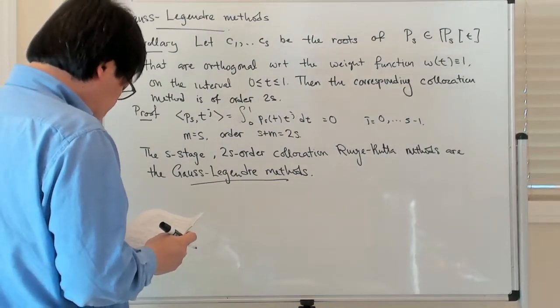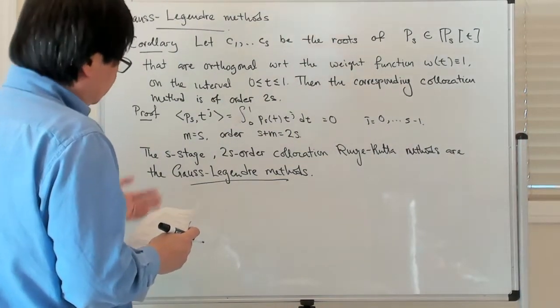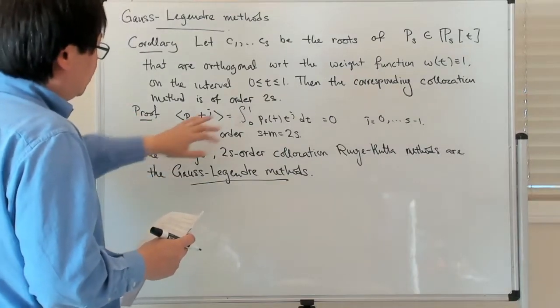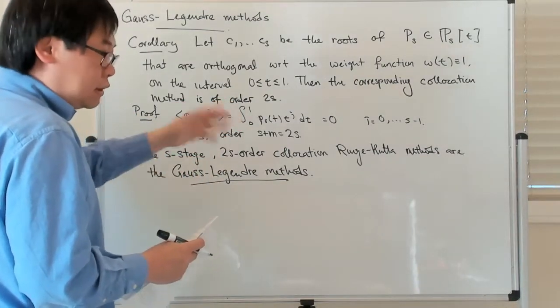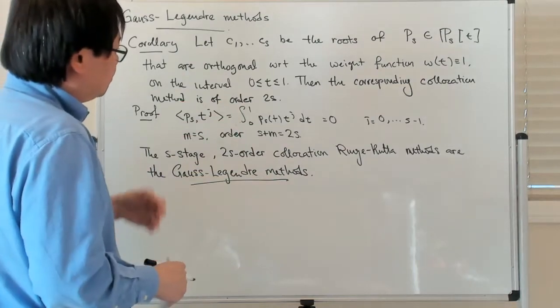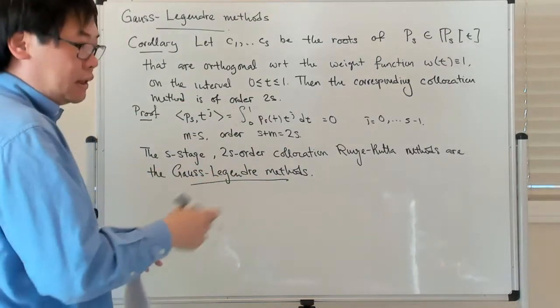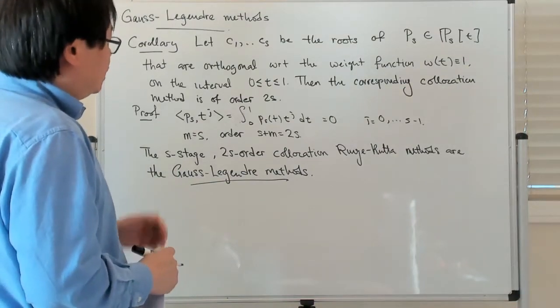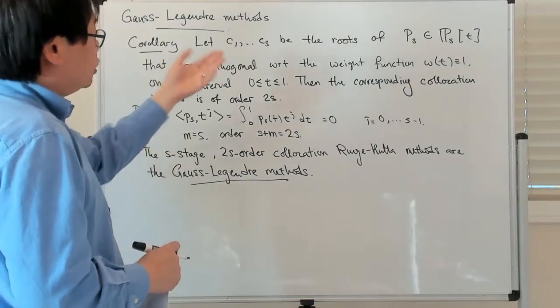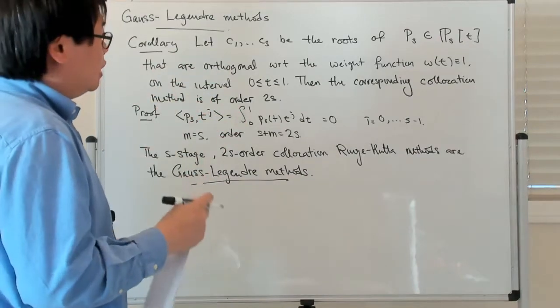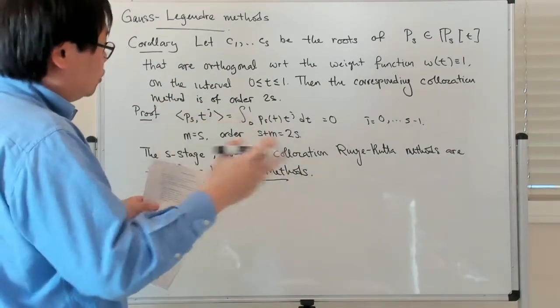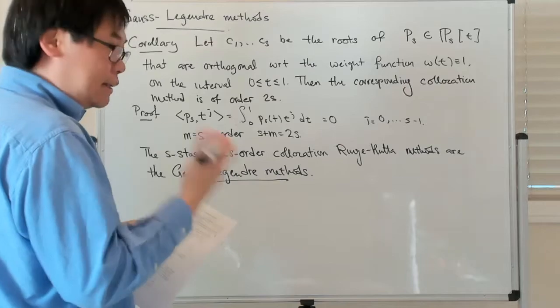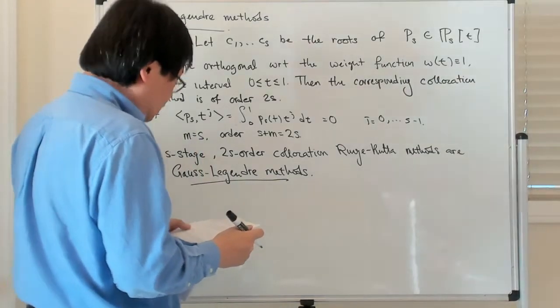We proved basically a while ago, in the lead up to studying orthogonal polynomials and the applications to quadrature, that the roots of these orthogonal polynomials are strictly contained within the interval from 0 to 1, and they're distinct. So that's nice, right?